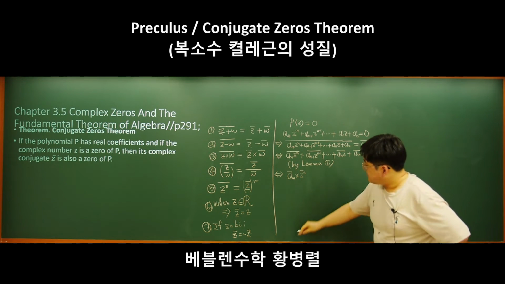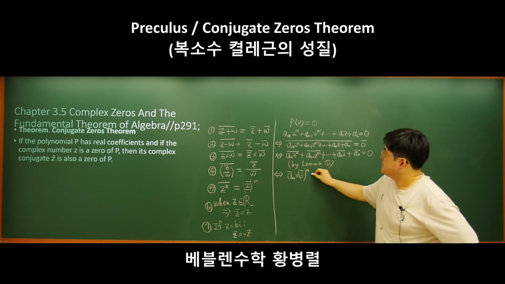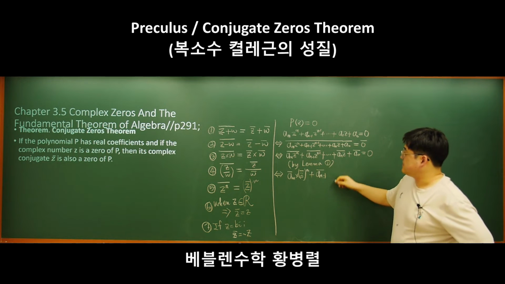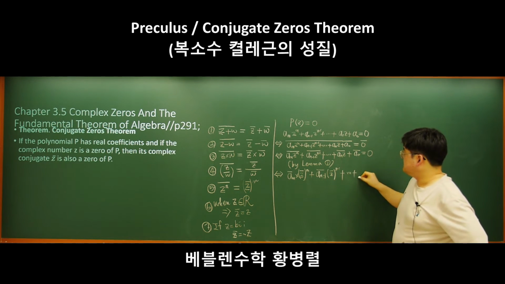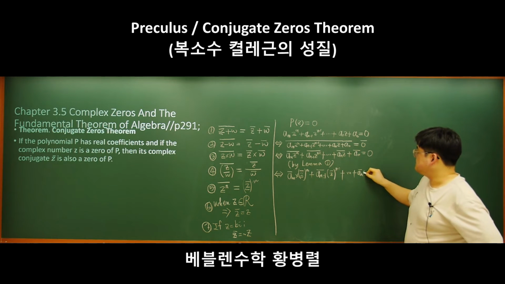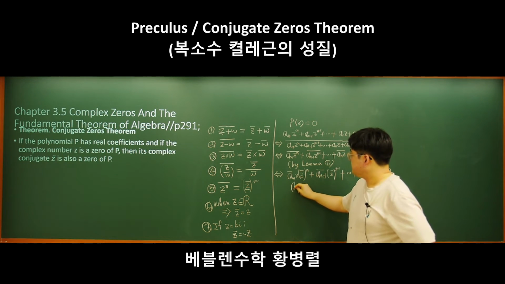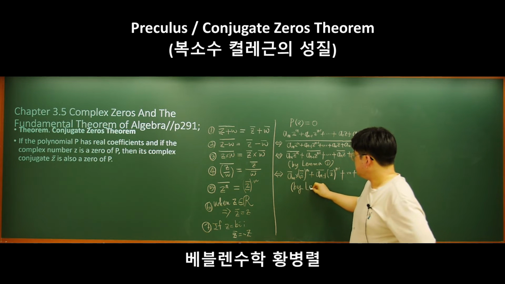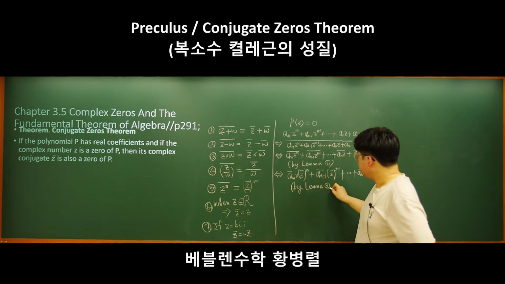Then this can be written as plus a n minus 1 bar of a n minus 1 and the n minus 1th power of bar z plus blah blah blah plus a 1 bar of a 1 times bar of z plus a 0 bar of a 0 is equivalent to 0 by lemma 3 and 5.